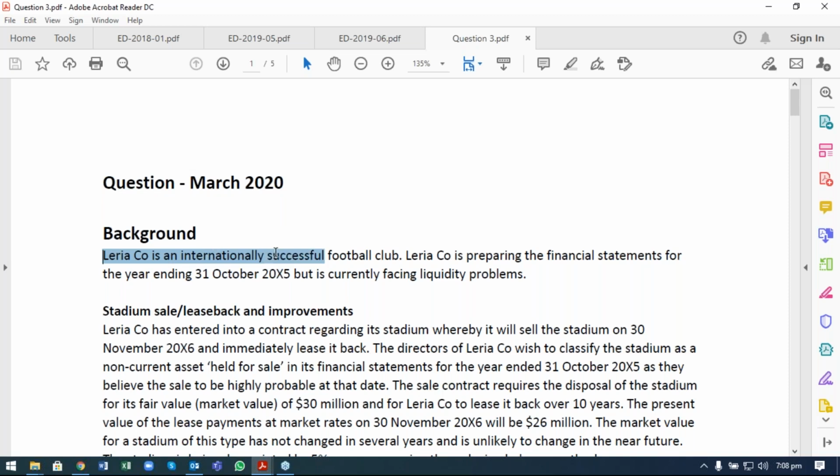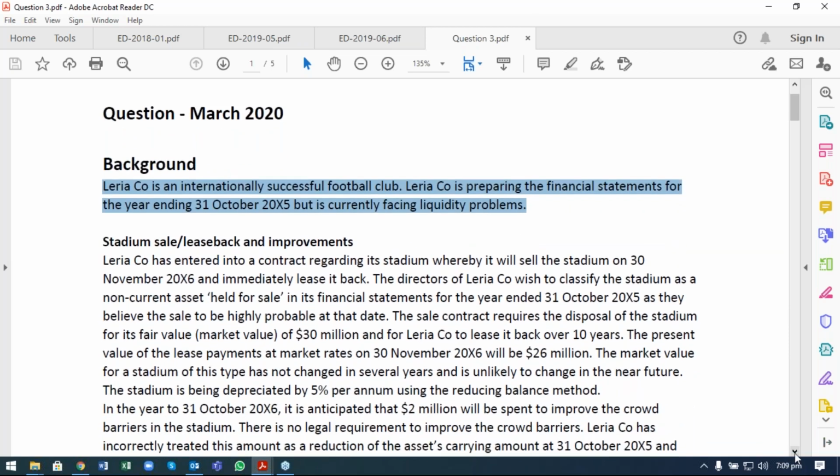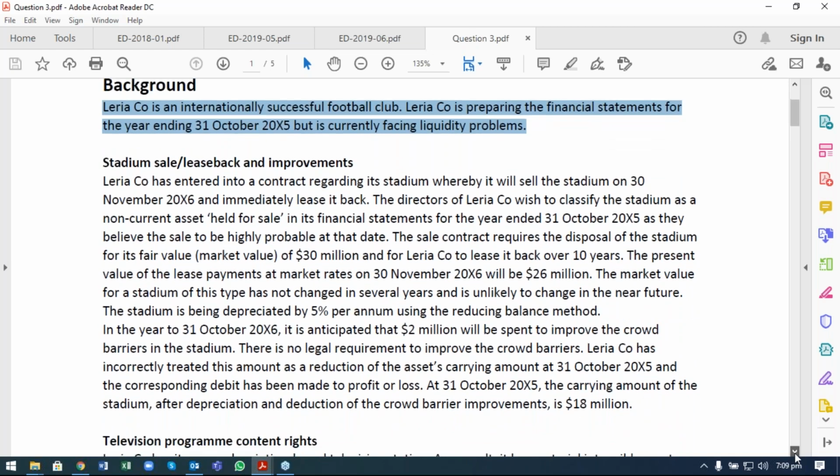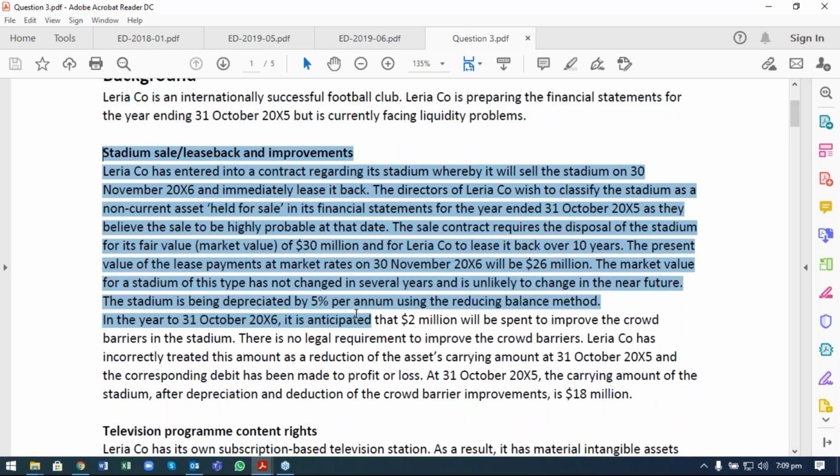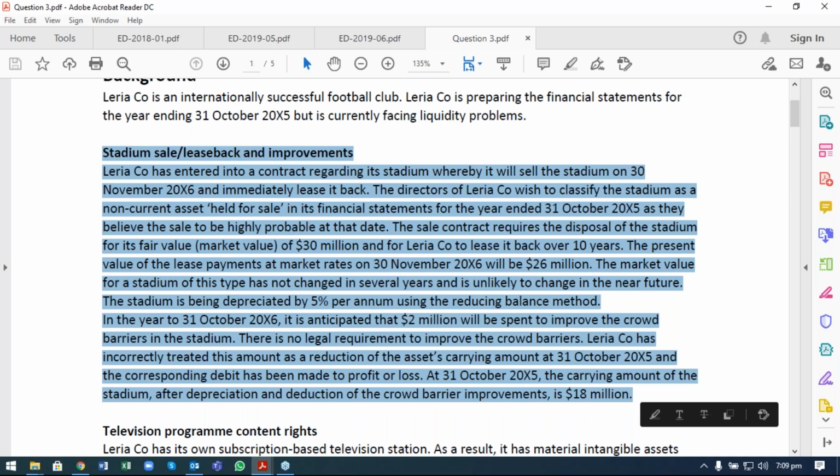Leria Company is an internationally successful football club. Leria Company is preparing the financial statements for the year ended 31st October 2005, but is currently facing liquidity problems. So you need to provide some insight into the application of accounting standards to some of the situations faced by Leria company.